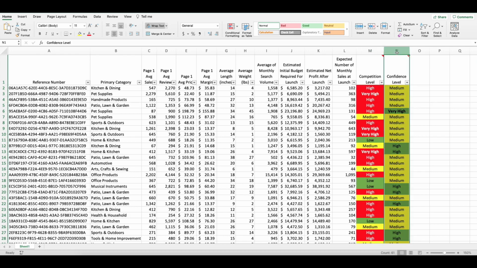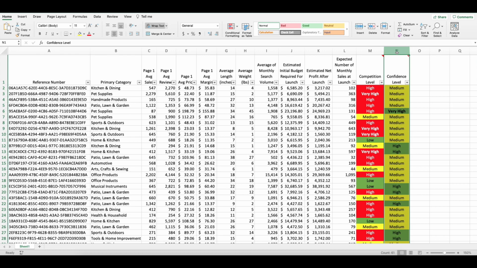Column N is the confidence level. I'm looking at a series of different indicators within a product, reverse engineering and seeing what products have succeeded and which ones didn't do as well.